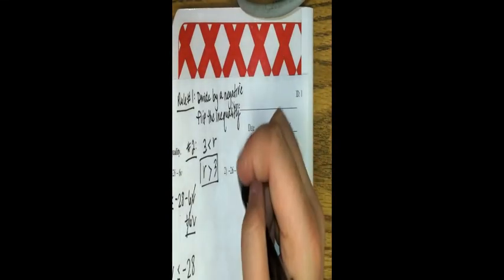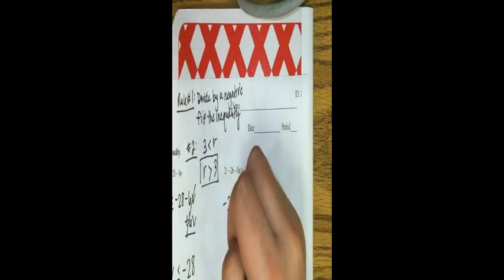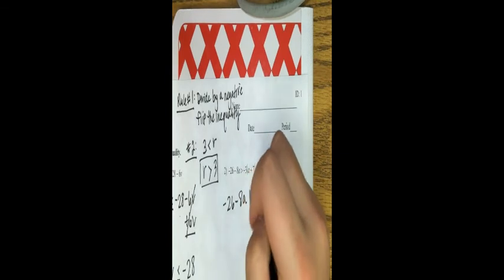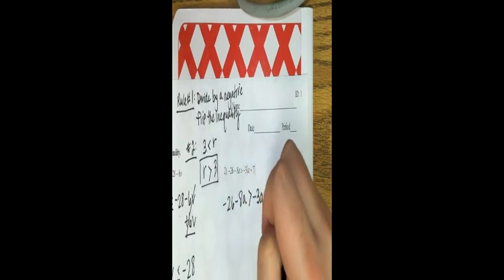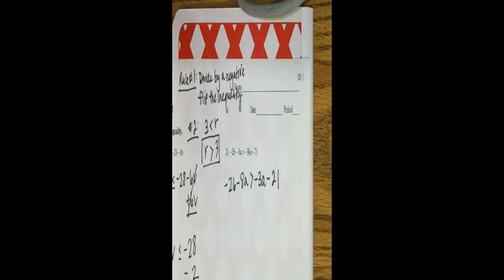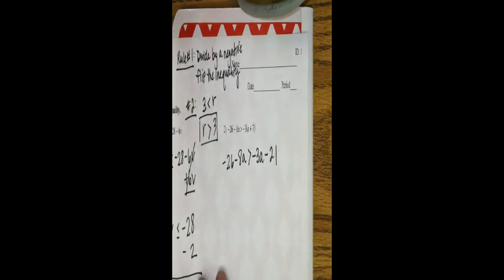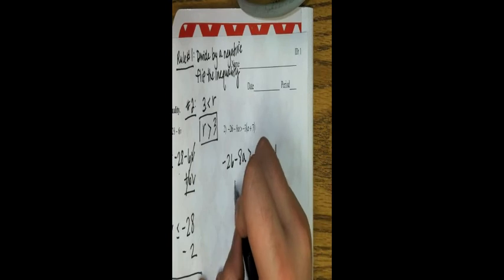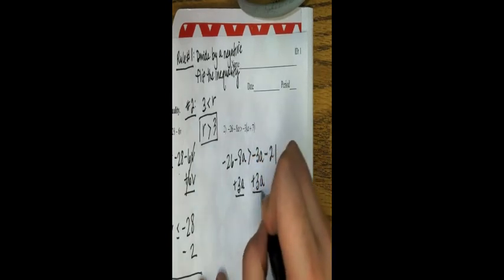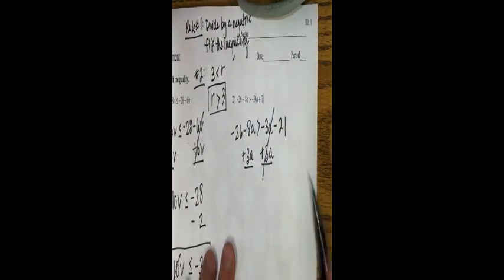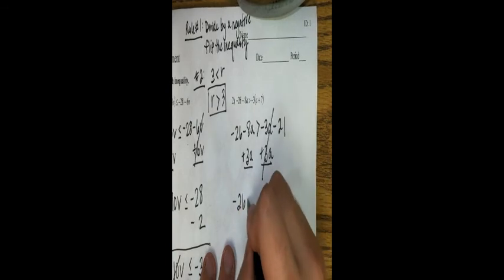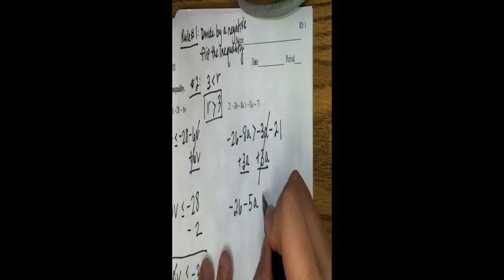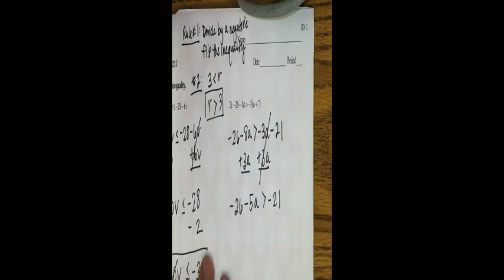Okay, so here's the solution. Distribute here. No fractions, nothing to combine, so I'm going to move the a over, so add 3a. Okay, so I get negative 26 minus 5a is greater than negative 21.